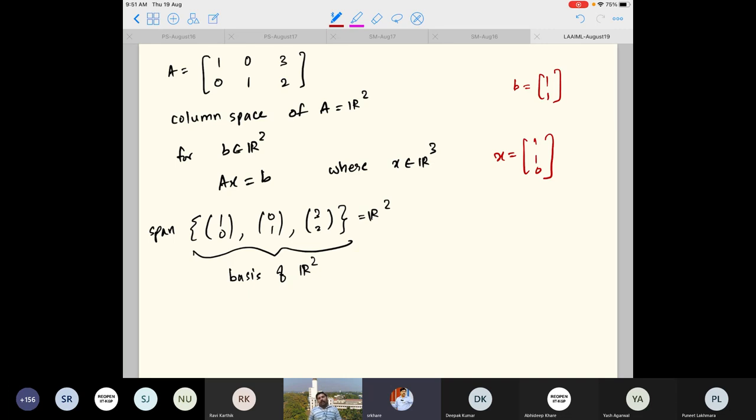So any vector b in R^2 is what? alpha 1 e1 plus alpha 2 e2. So I just use this alpha 1 here, alpha 2 here in the solution. So I take any vector and I will just put 0 for the third column, and I will get this solution. But do you think this solution is unique here?